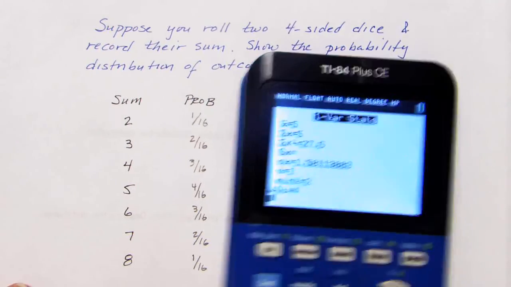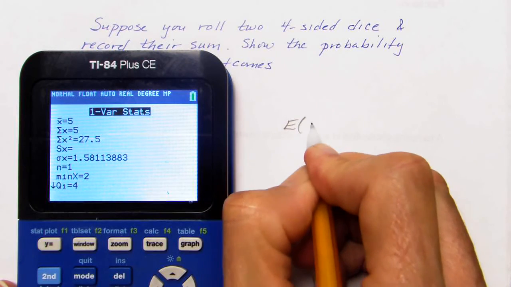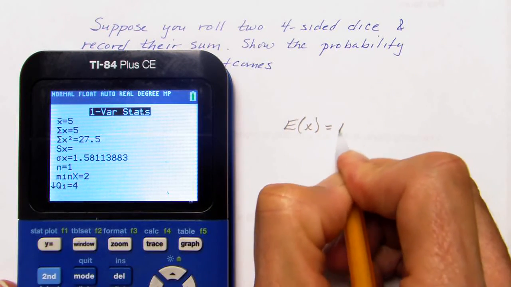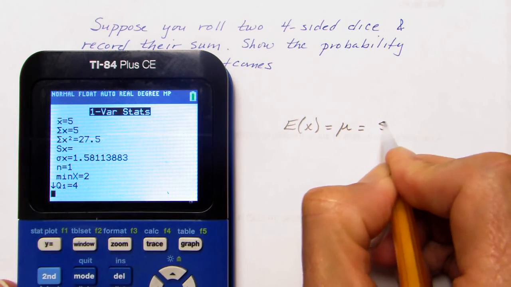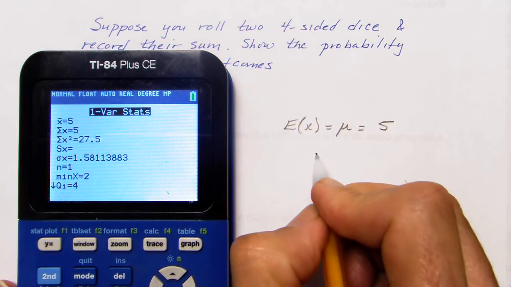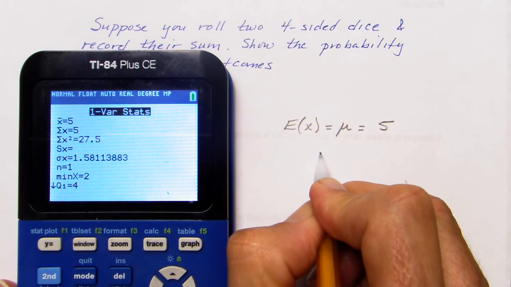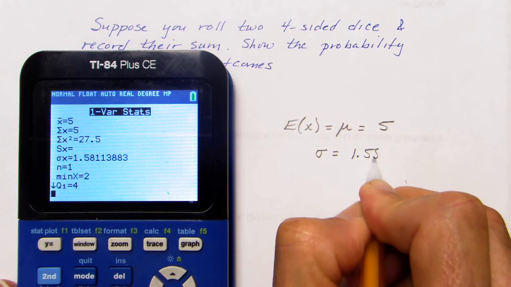So I'm going to go ahead and record those over here. The expected value, or if we use the symbol mu, the population average or expected value, is 5, and the deviation is about 1.581.